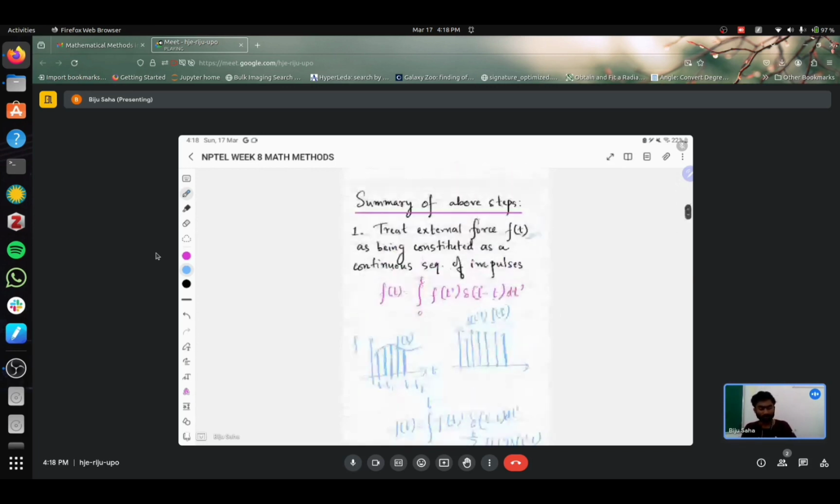So this is how the functional form of f(t) can be written, as a superposition of various impulses. Impulses here are the Dirac delta.